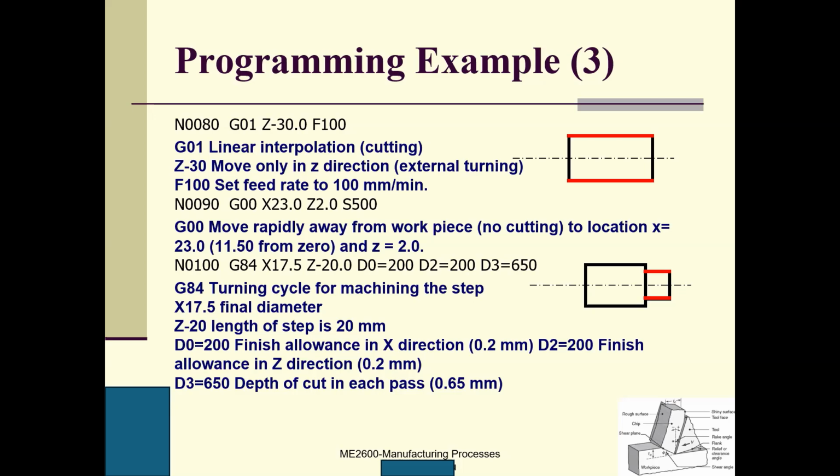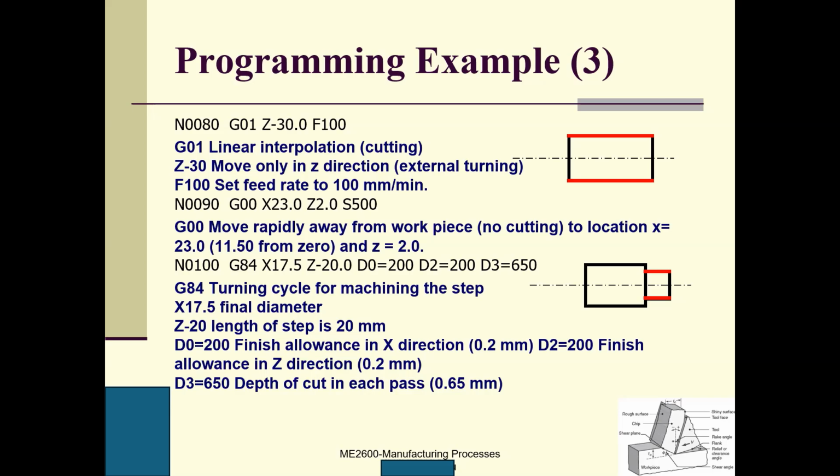Then G00 X23 in the X direction, vertical direction, Z2.0 and S500. So move rapidly away from the workpiece, no cutting, to location X equals 23.0, Z equals 2.0. So come back here.